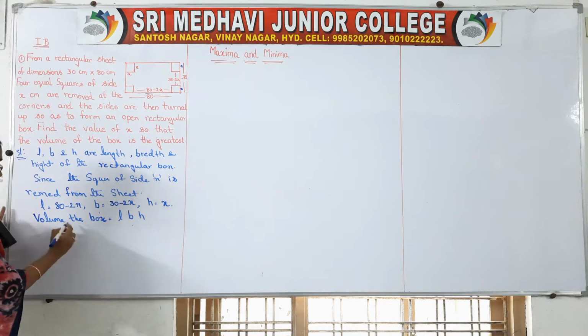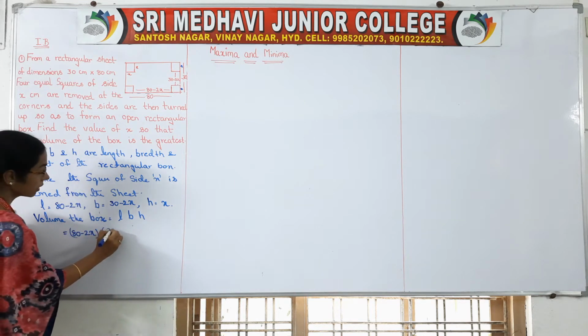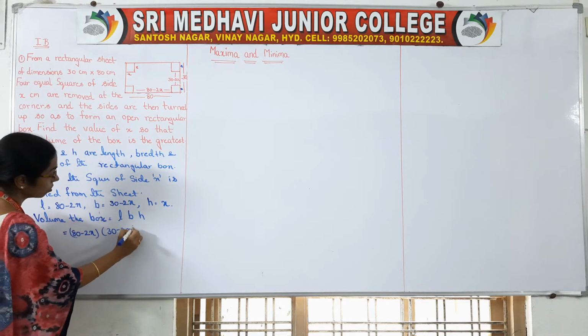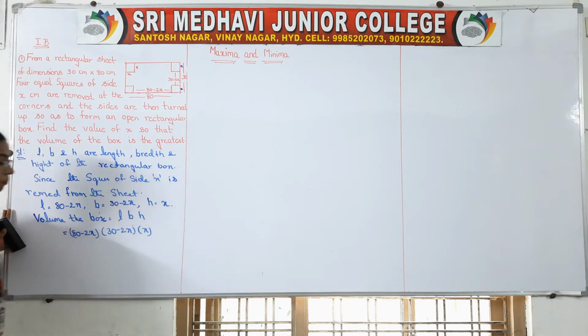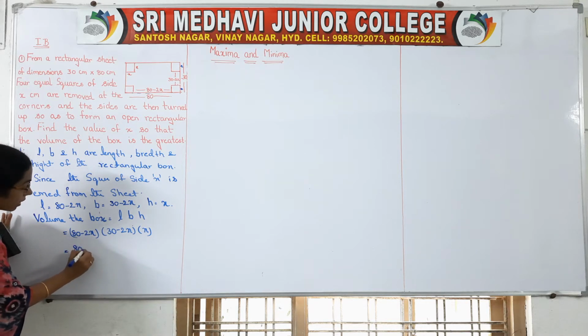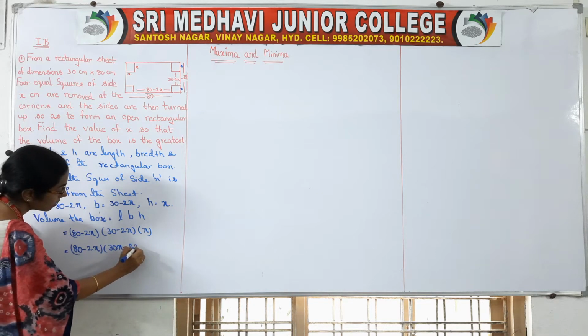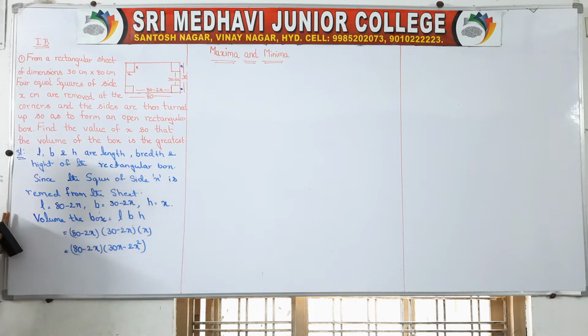From here we can write it is (80 minus 2x)(30 minus 2x) into x. So it is equal to (80 minus 2x) into (30x minus 2x square).